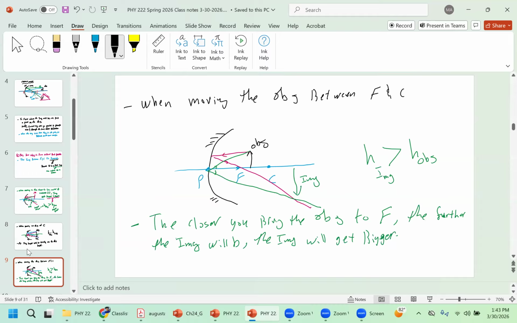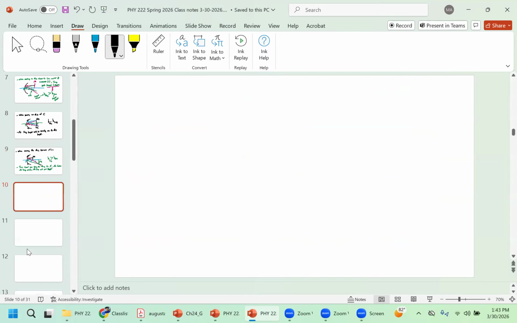Now, let's say when moving the object at the focus. So here's our little thing.